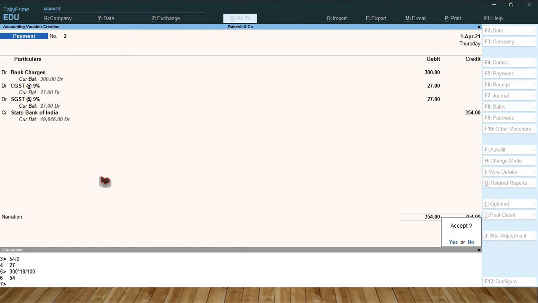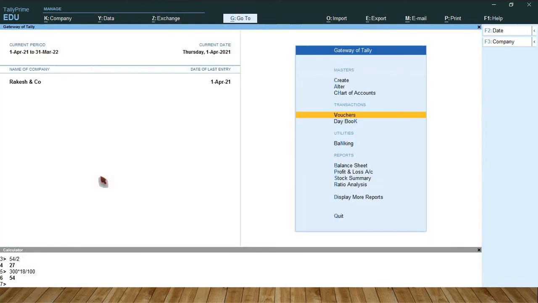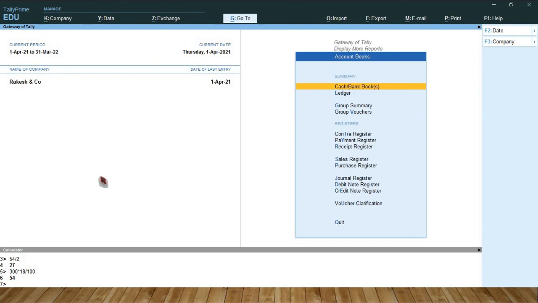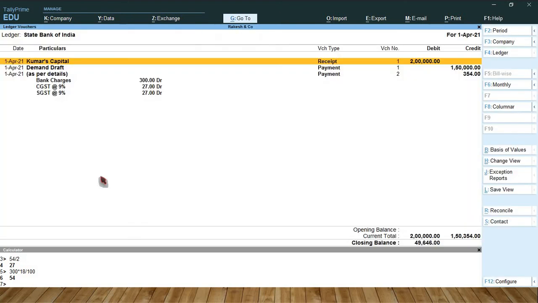Accept. So now check the impact on the bank ledger. Go to the Gateway of Tally, display account books, ledger, select State Bank of India. See here, he issued a check for a demand draft of rupees 1,50,000.